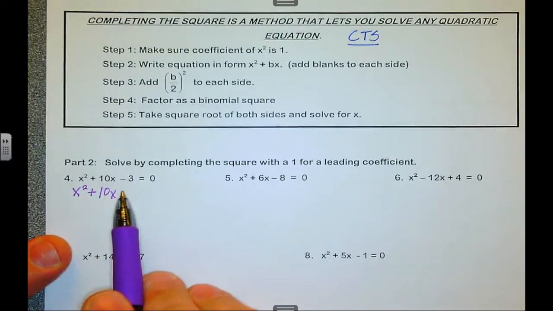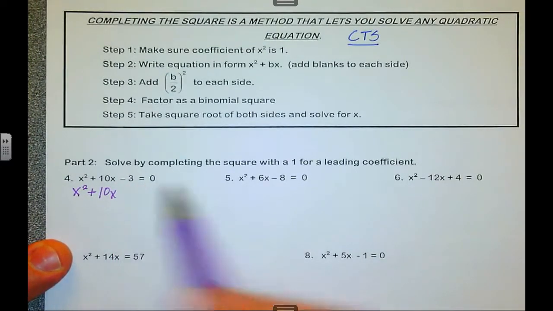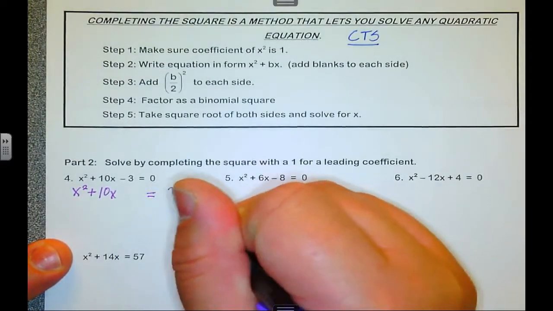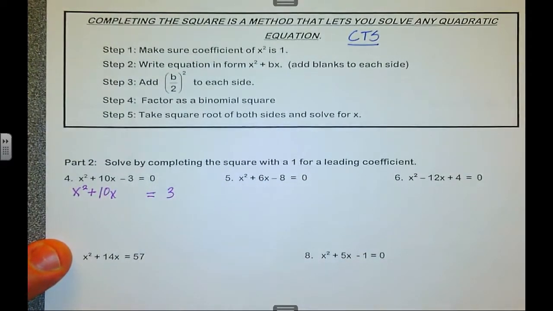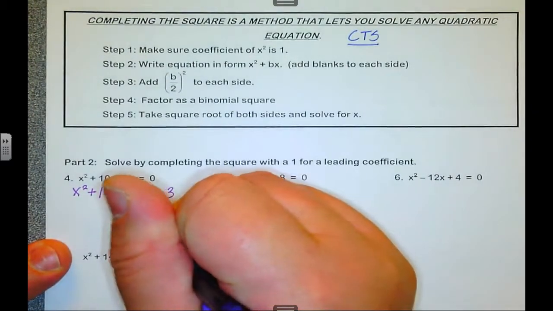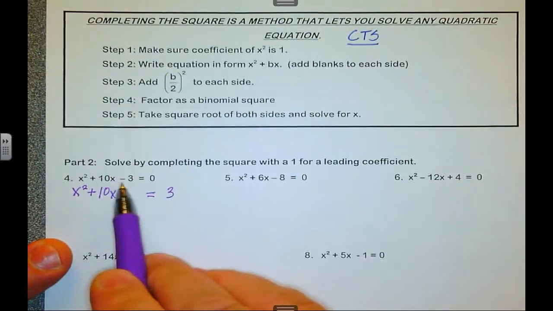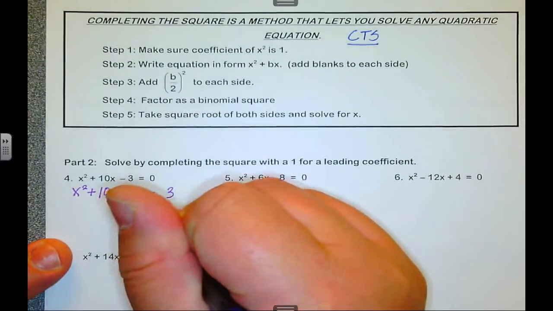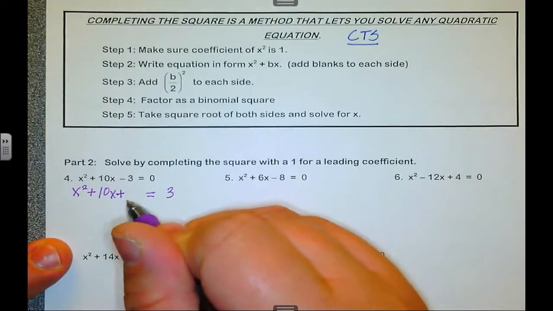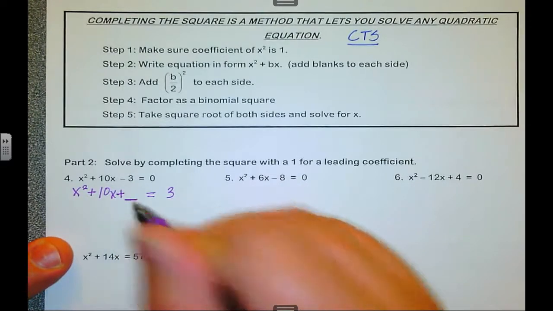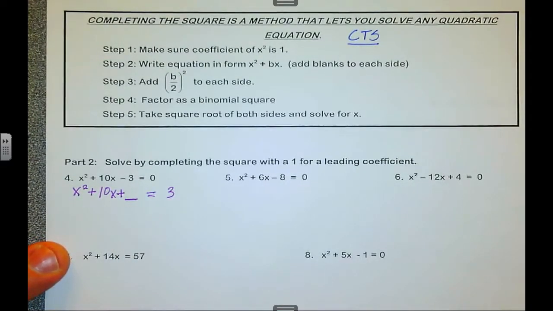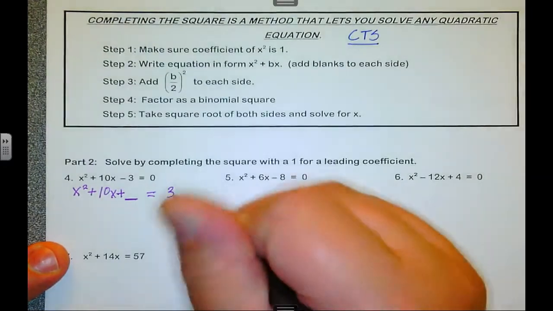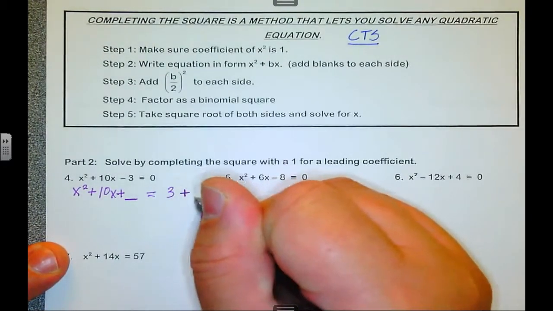Now, I'm not going to use this 3, so I'm going to add 3 to both sides of my equation, right? So I'll put the 3 over here. Now, I'm going to add my perfect square. Whatever it is, I'm going to add it to that side, which means I'm going to have to add it to this side, right?